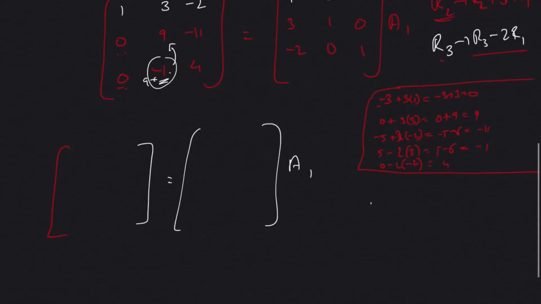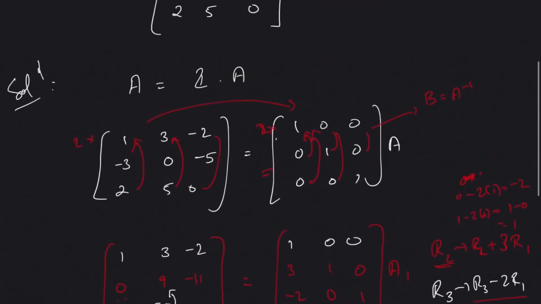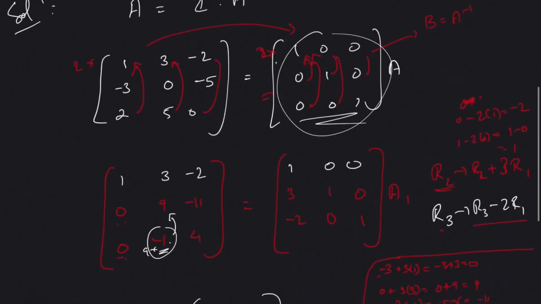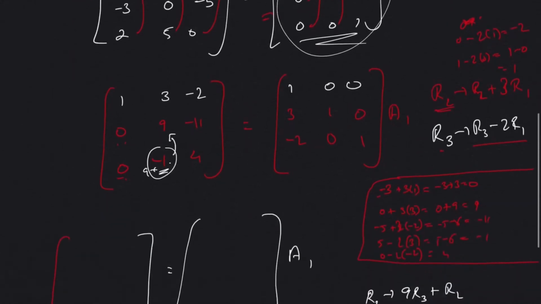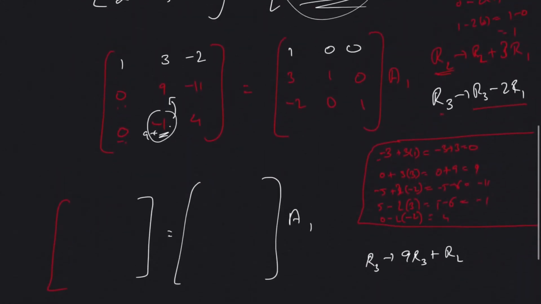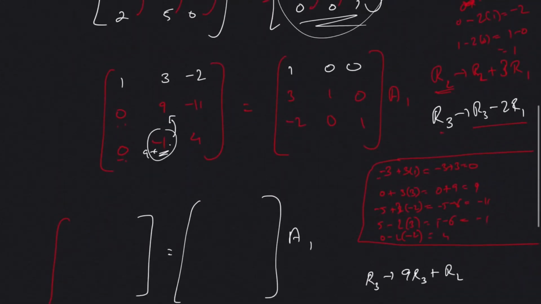So that means I'll apply R3 as 9 times R3 plus R2, because remember our focus is this type of matrix, the identity matrix. So R1 and R2 we are not going to change. So 1 3 minus 2, 0 9 minus 11, 1 0 0, 3 1 0.